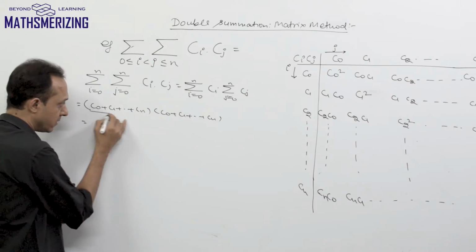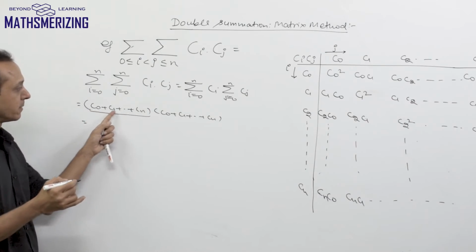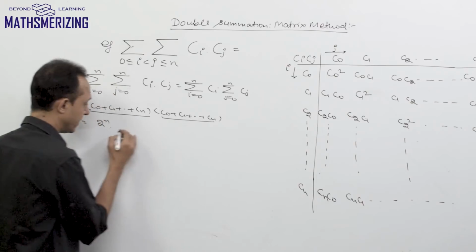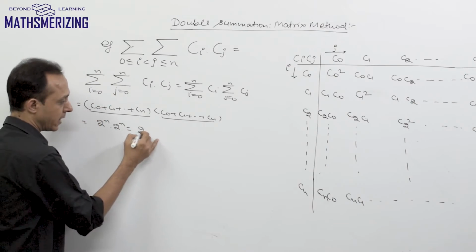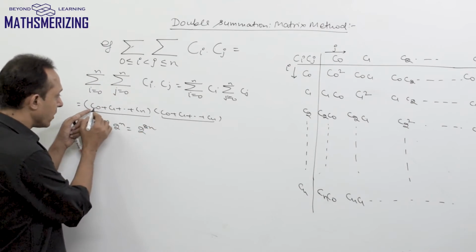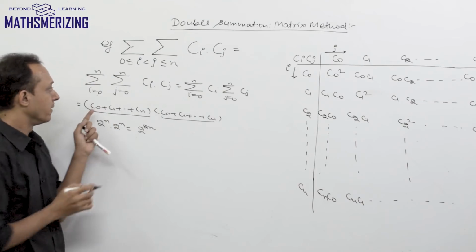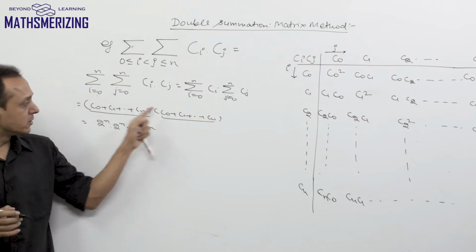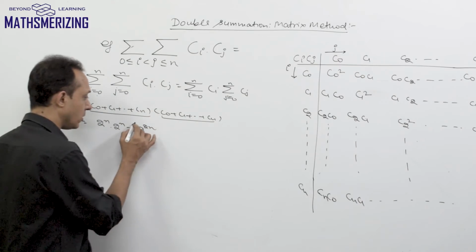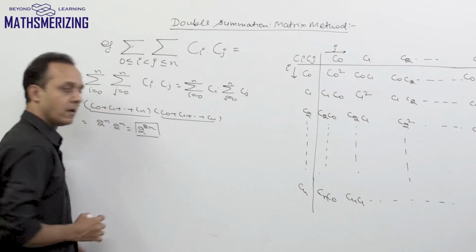And we know that this sum C0 plus C1 plus ... plus Cn is 2 to the power n, and the same way it is again 2 to the power n, so I can write it as 2 to the power 2n. So the sum of the product of all the coefficients from 0 to n, C0 square, C0 C1, C0 C2, C0 Cn, and so on, will be 2 to the power 2n.